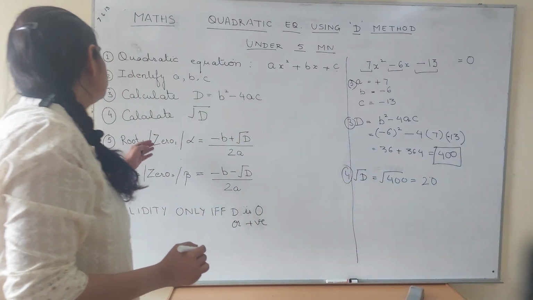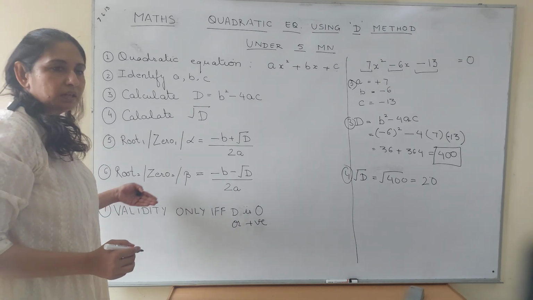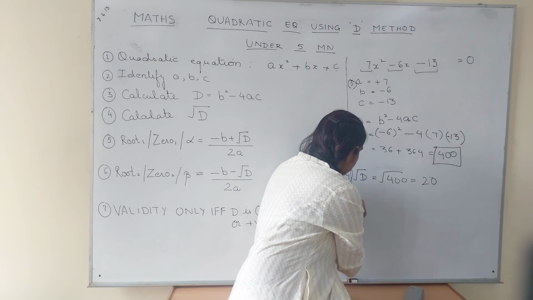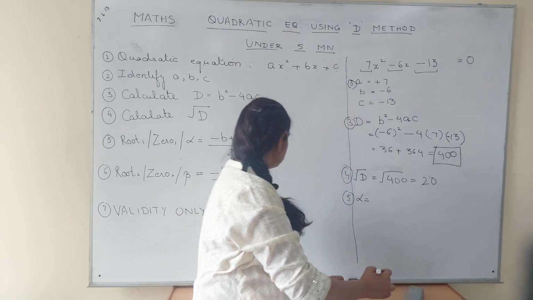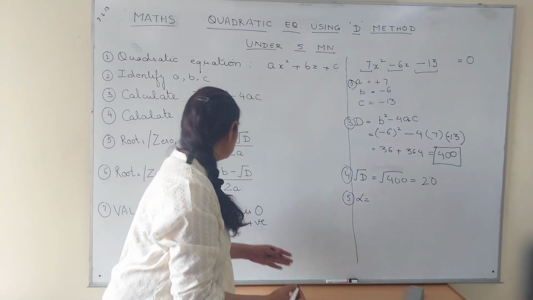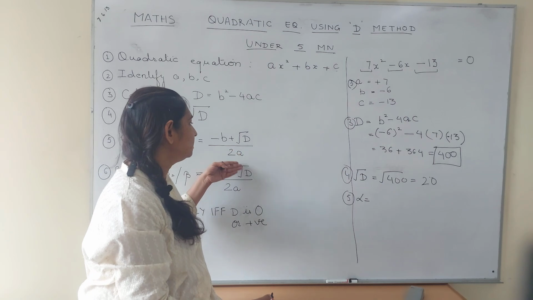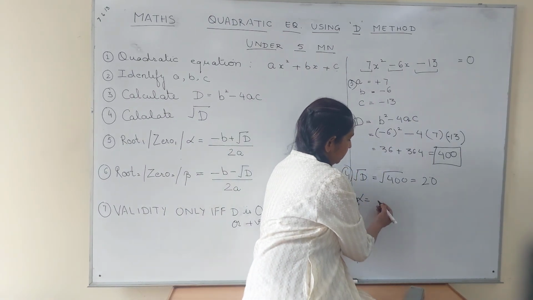Now, we've already found root D. Now nothing but the last final step. We have reached the final step, finding alpha. Alpha is, as given in the formula, (-b + root D) upon 2a. Let's put the values.